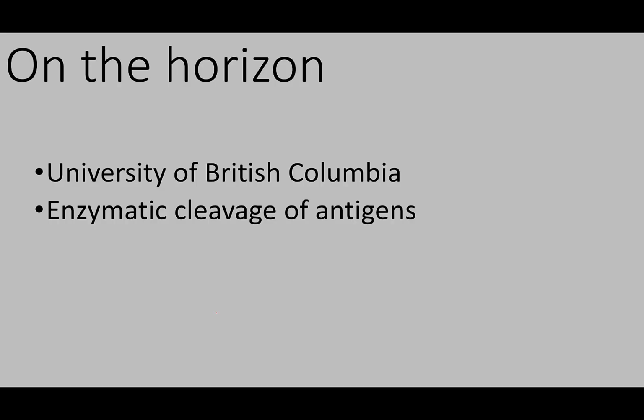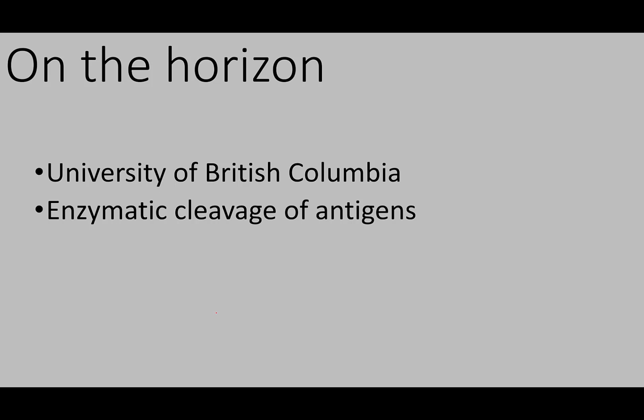So, one last thing, and that is something that is on the way, and it's actually started to already be rolled out a little bit. And it's something created by the University of British Columbia. It is an enzyme that, if you put it into blood, it's going to cleave all of the antigens off of all of the erythrocytes.